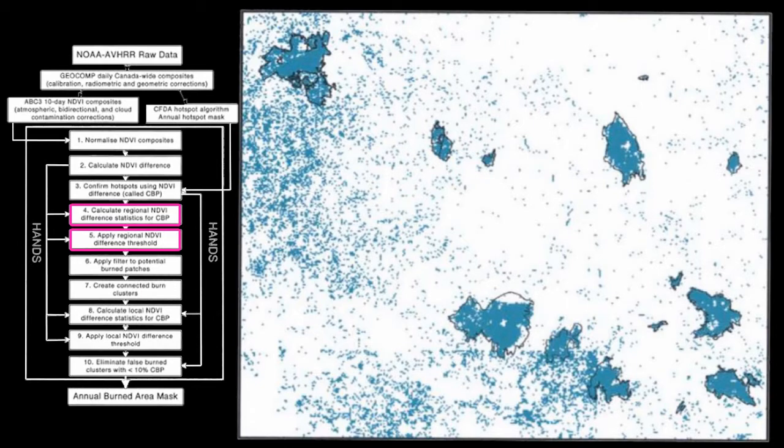Then a regional NDVI difference threshold was applied. For each block, pixels that had NDVI difference greater than +1 from the mean of the confirmed burnt pixels were selected. A threshold was placed to isolate pixels of potential burnt pixels that were not identified as hotspots. After the threshold, a filter was applied to smooth the burnt patches and reduce any noise in the image.